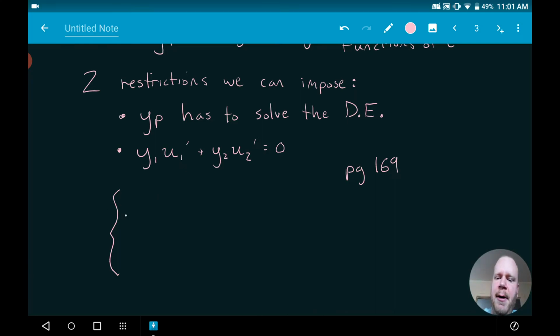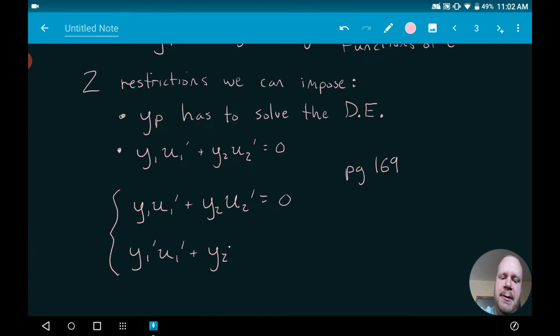But for now we get the system of equations: y1 u1 prime plus y2 u2 prime is equal to 0. And the second one looks like this, where everything has a prime in front of it. That is, we're taking the derivative of it.